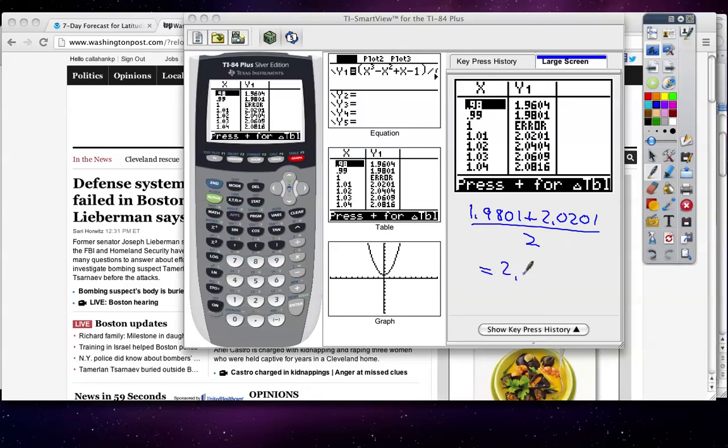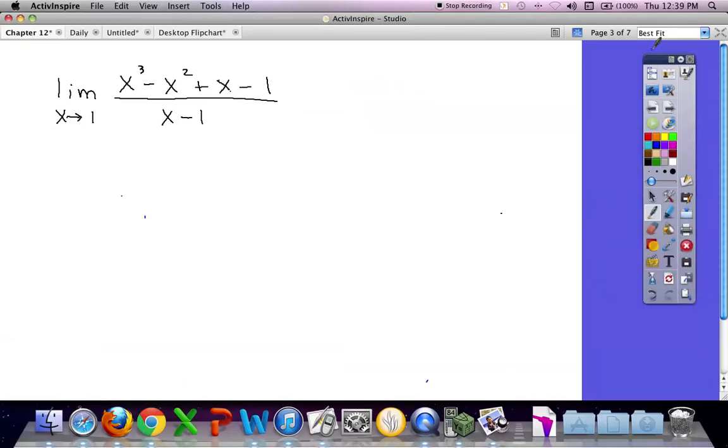Is that like 2.001? Close to that? What does it look like the limit of this thing is going to be? It looks like it's probably going to be 2. So we're going to say the limit is 2.